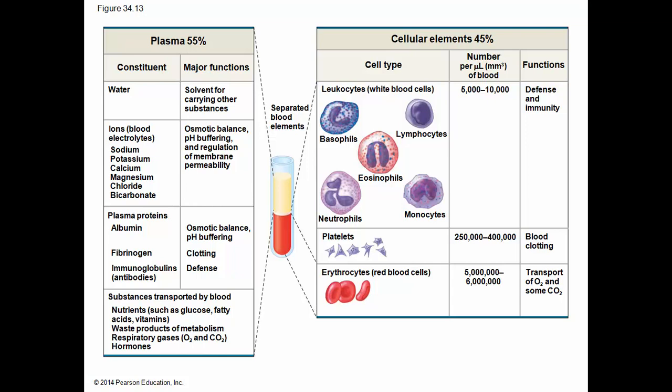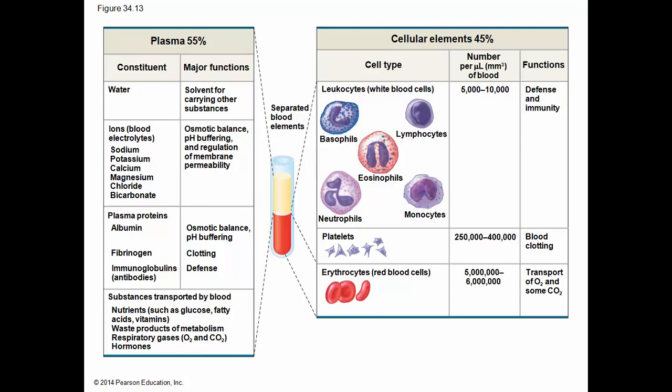It has various ions of sodium, calcium, magnesium, chloride, bicarbonate. It has certain plasma proteins: albumin and fibrinogen. Fibrinogen can be important in clotting. Immunoglobulins, which are antibodies. These function in osmotic balance, pH buffering, clotting, and defense.